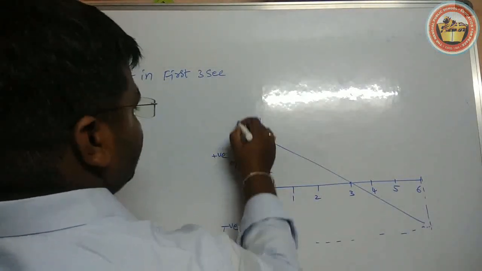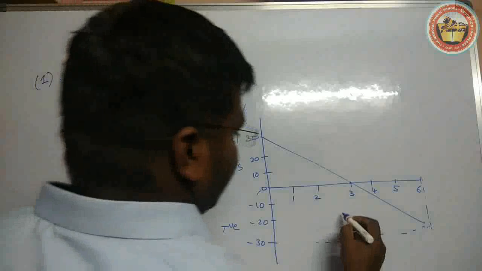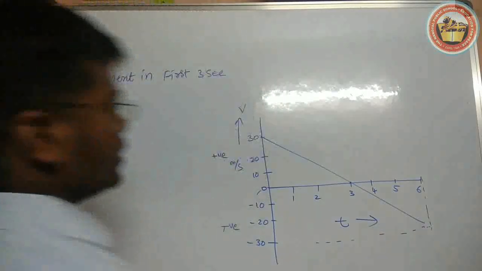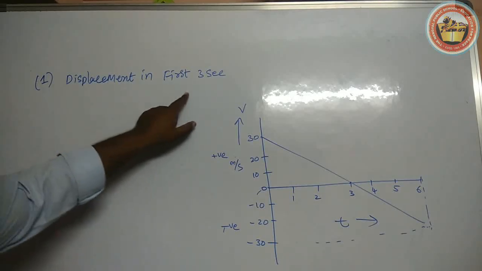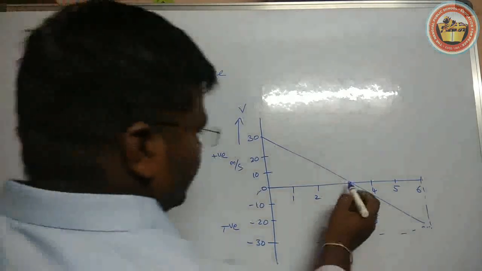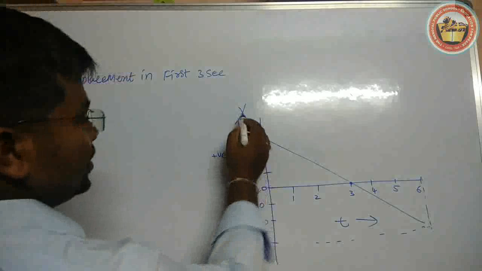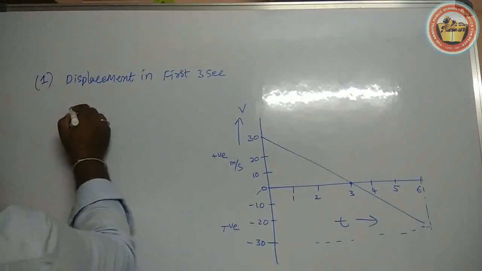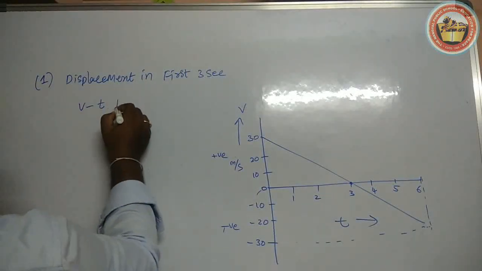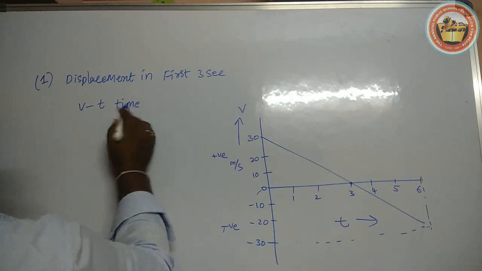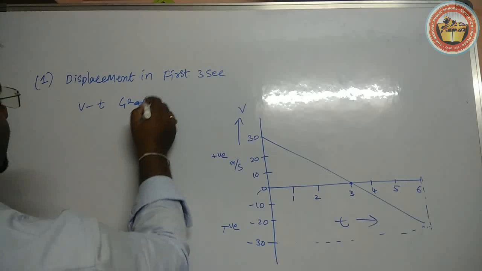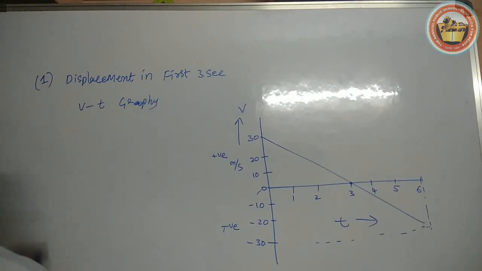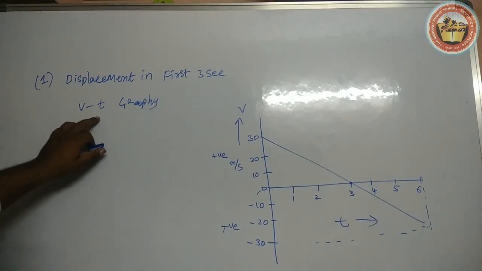It is a velocity and time graph. Displacement in the first 3 seconds means like this. So what is this graph? First, a velocity time graph.